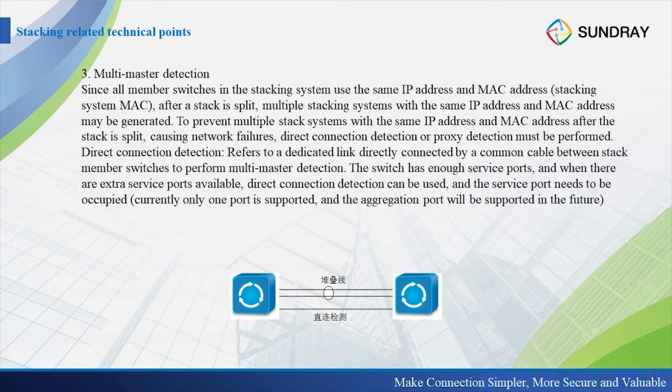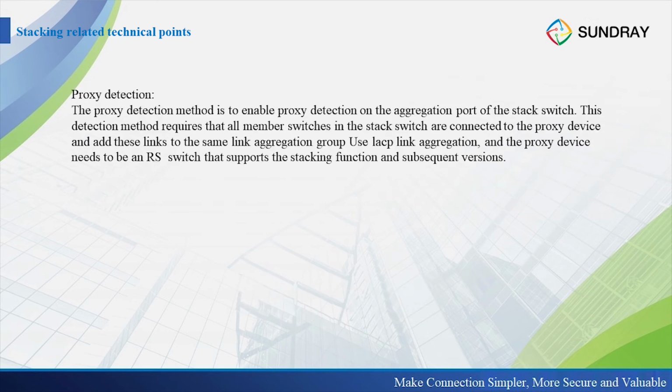For the multi-master detection, there are two kinds of detection. The first is the direct connect detection. The second is the proxy detection, which enables the detection on the aggregation port of the stacking switch.